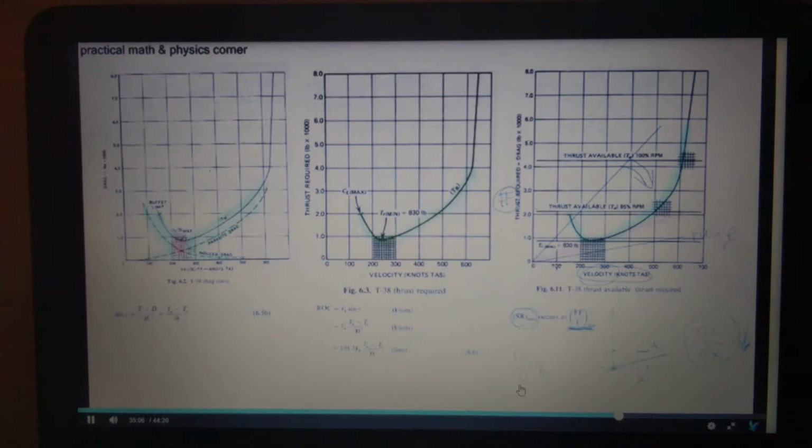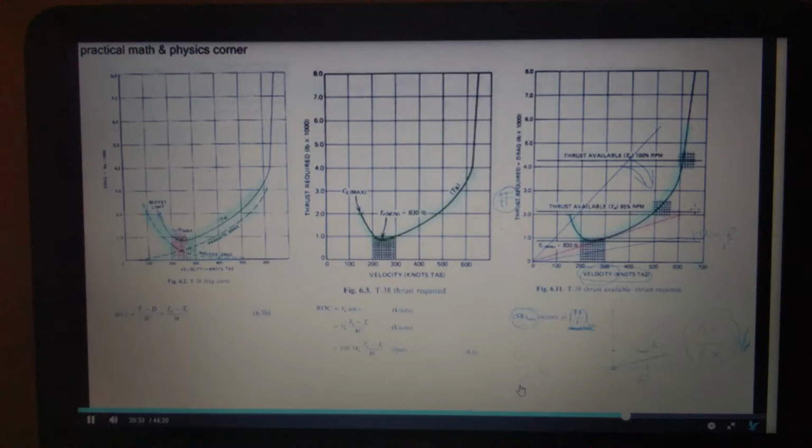So if we shift that curve down, at some point it becomes a tangent on the curve, and that's as far as we can go, because if we shift it any further down, we're not touching our curve anymore, so we don't have anything to do with the real aircraft anymore. It would be nice, but it is not workable.